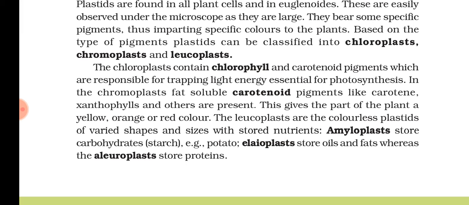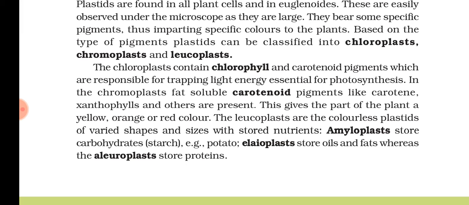Their major function is that they store various nutrients. Various nutrients are stored in where? Leucoplast. And the leucoplasts are again of different types like amyloplast, elaioplast and aleuroplast. So it can be asked, what are leucoplasts? Colorless plastids are known as what?